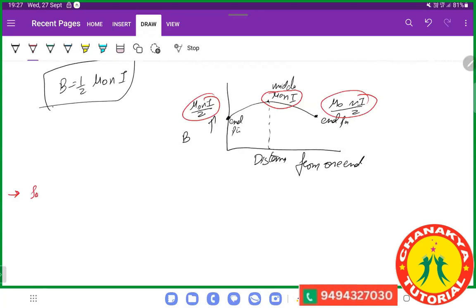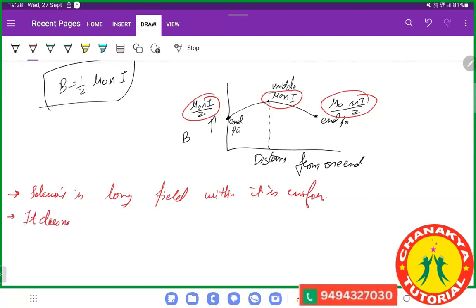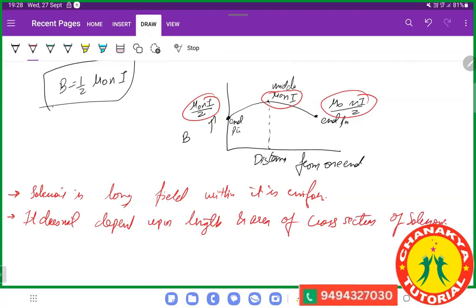If a solenoid is long, the field within it is uniform. It does not depend upon length and area of cross section of the solenoid.